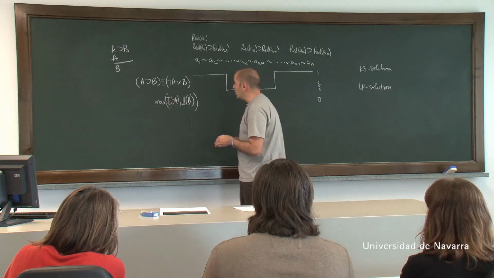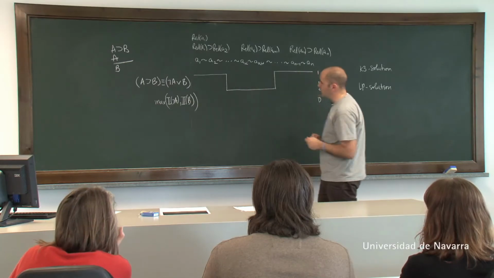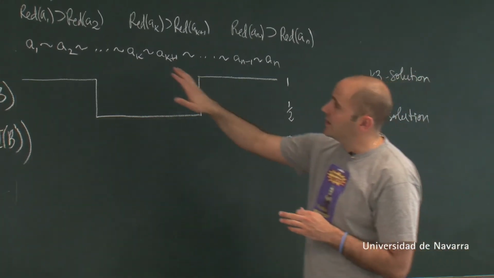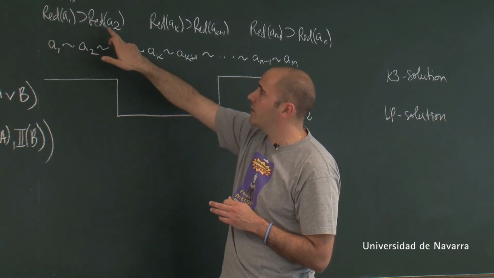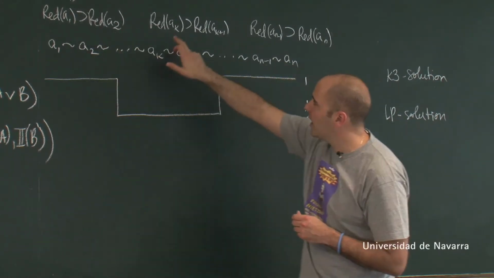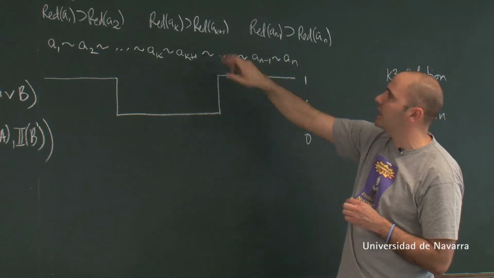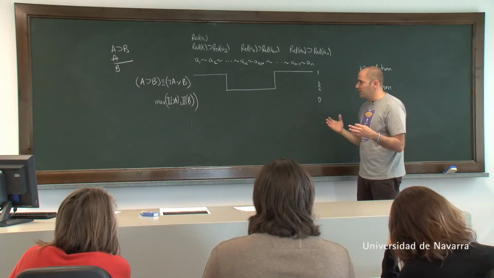So if we go to the sorites sequence and concentrate on these conditionals: A1 is red, then A2 is red; AK is red, then AK plus 1 is red, etc.